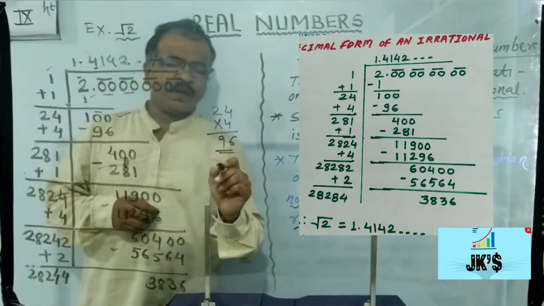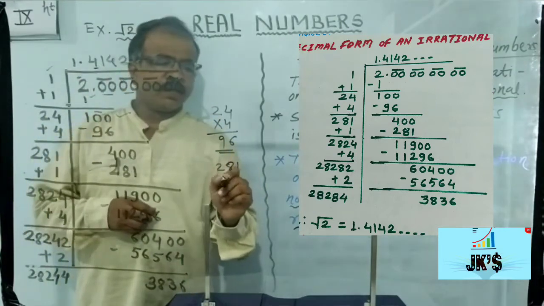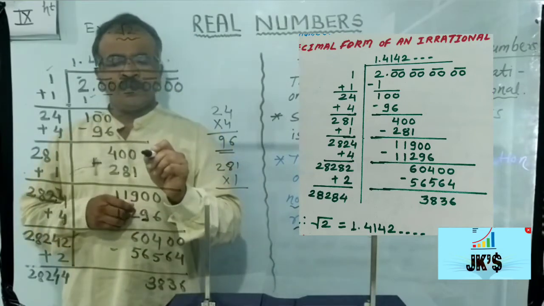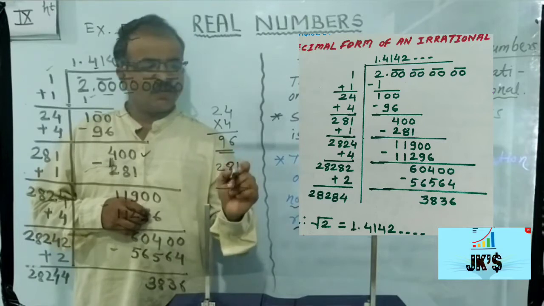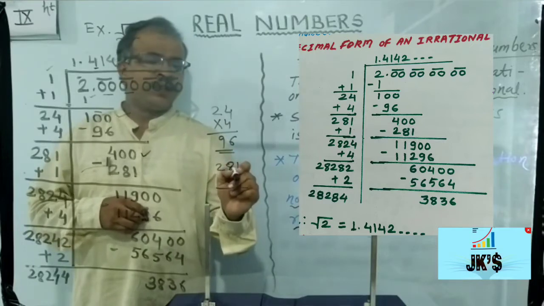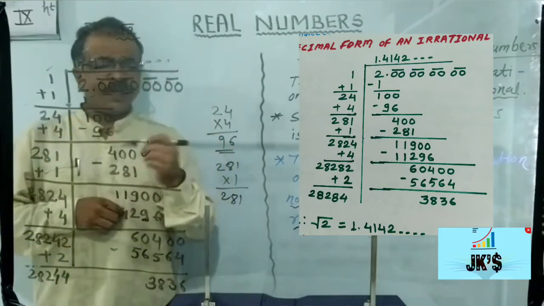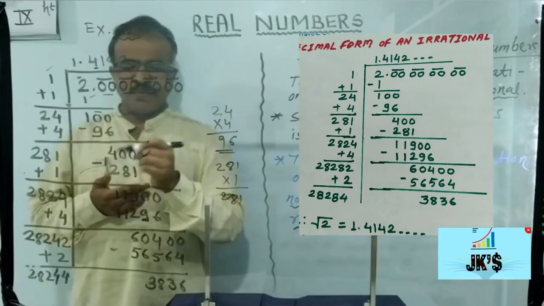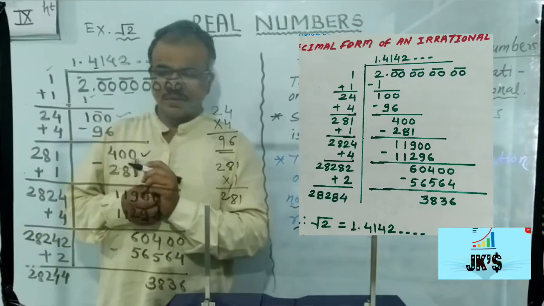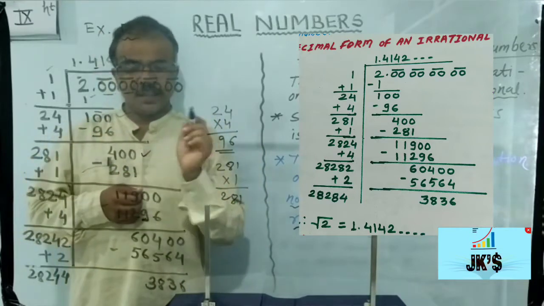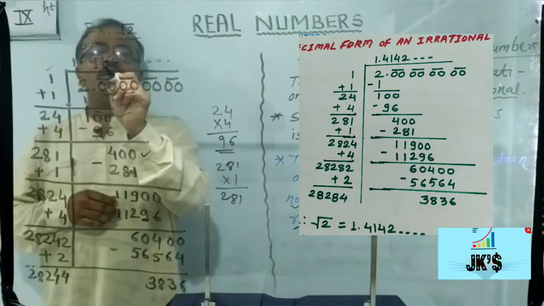Now keep a number so that multiplying by the same number, the answer is 400 or less than 400. When we take 1, 1 8s are 8 and 1 2 is 2, 281. When we take 2, 2 2s are 4, it becomes 562, which is greater. So we divide by 1, and 1 is taken here.